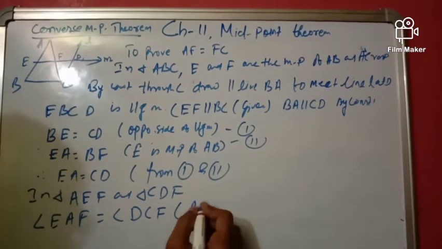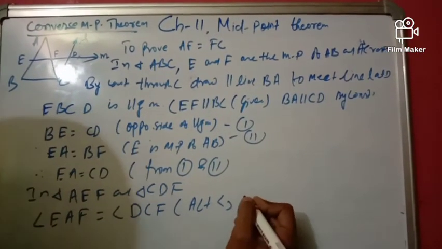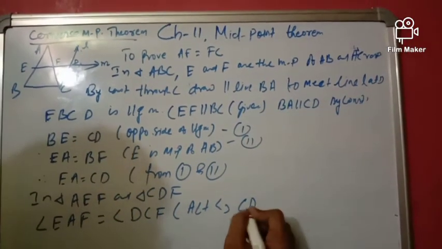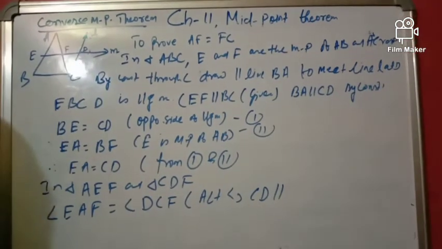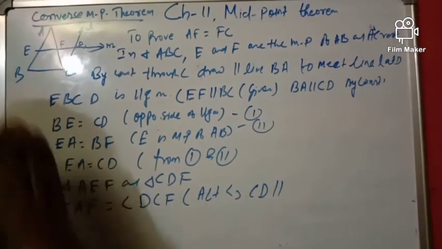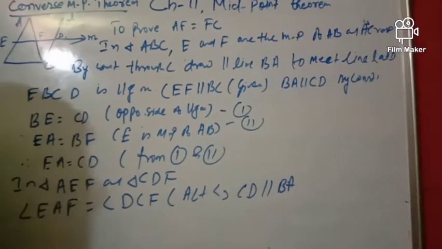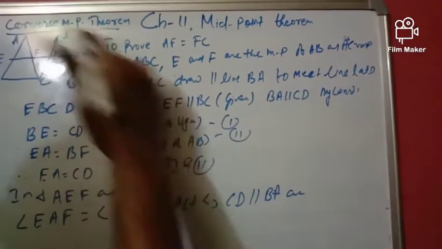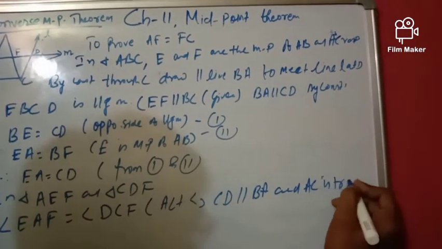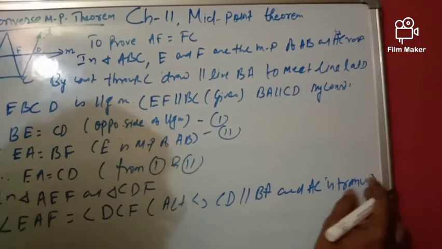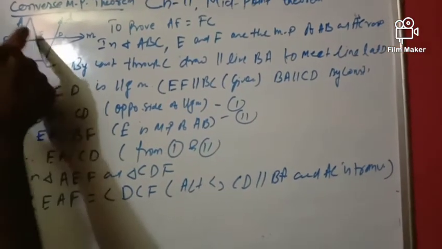Why? Alternate angles, and I can write CD parallel to BA, and AC is a transversal.